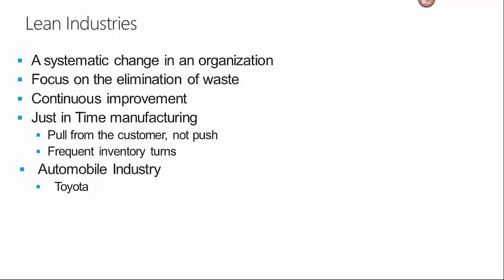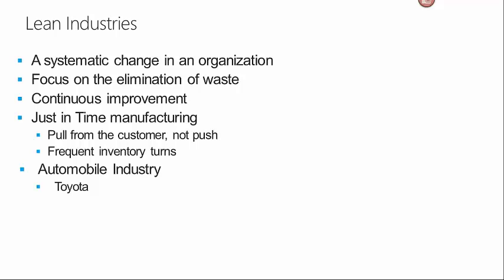So if a customer places a sales order, you pull the material to him. You don't have it sitting on a shelf waiting to just ship it to him, but it's a direct pull from the customer. That kind of ties into, you end up having frequent inventory turns because you're not keeping a lot of inventory.